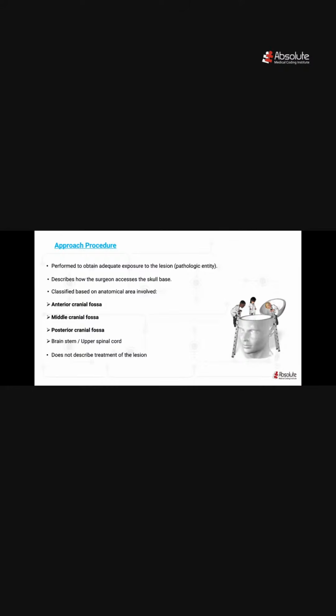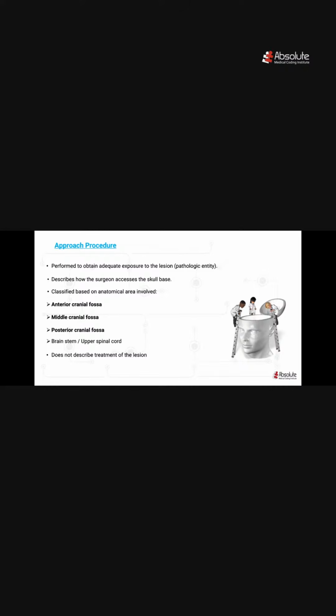All right. So the approach procedure explains how a surgeon accesses the skull base, and it is classified based on the anatomical areas involved, including your anterior cranial fossa, middle cranial fossa, and the posterior cranial fossa, as well as the brainstem and upper spinal cord at times.